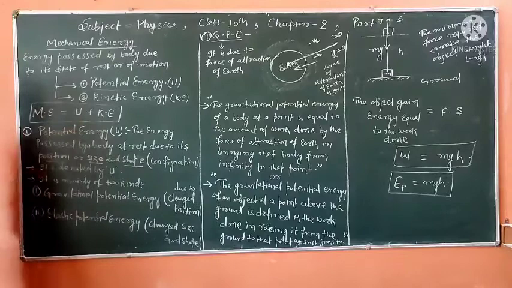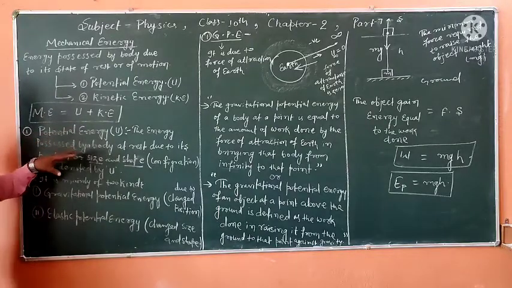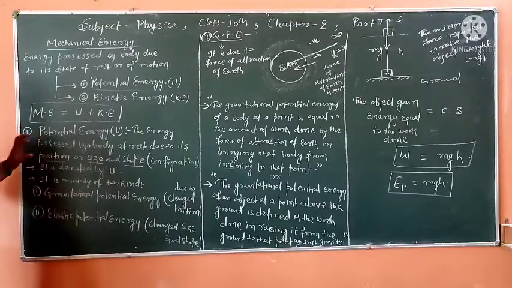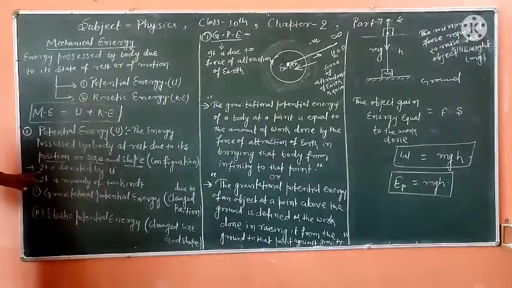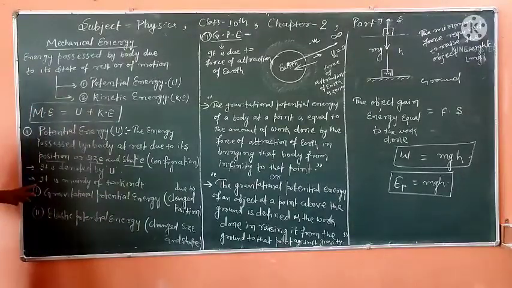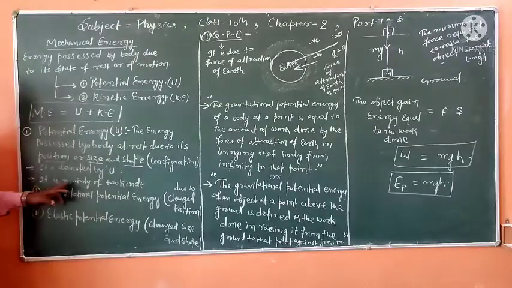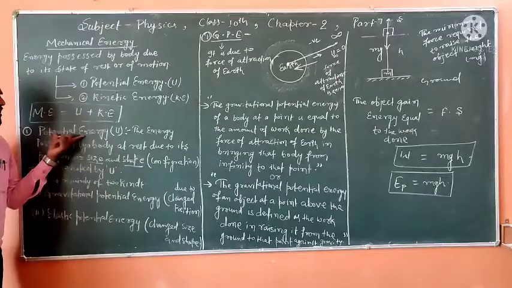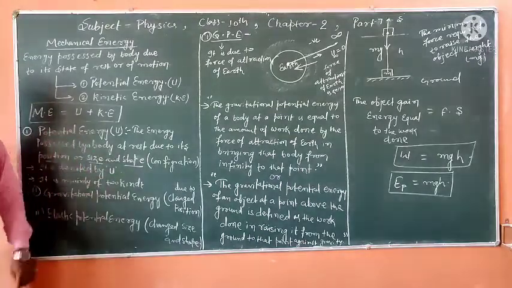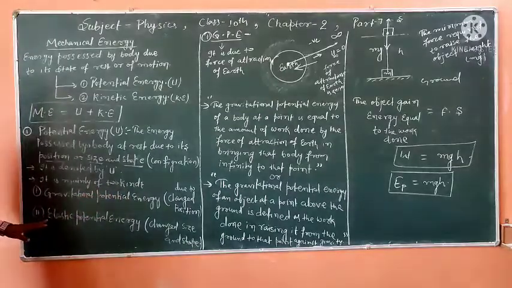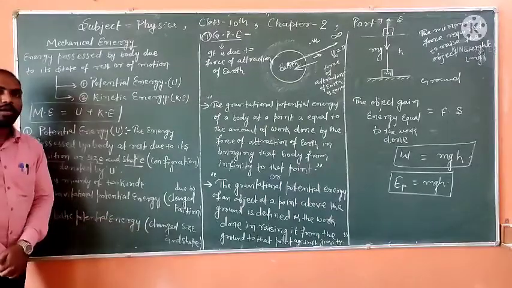Simply, you may also write: the energy possessed by a body due to its configuration is called potential energy. It is denoted by U, as I have already explained. It is mainly of two kinds: gravitational potential energy and elastic potential energy.